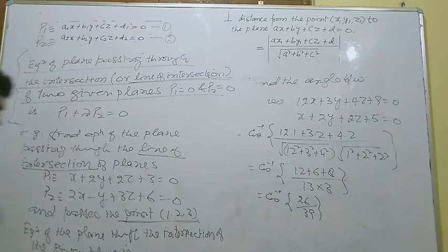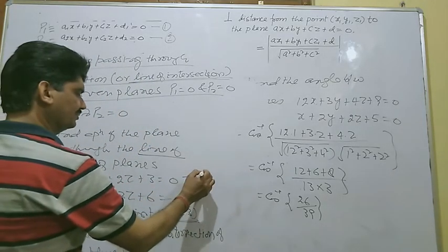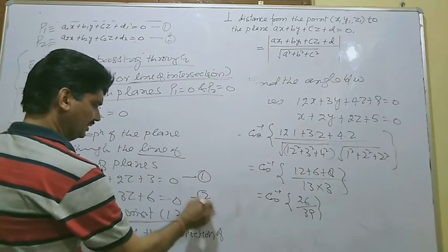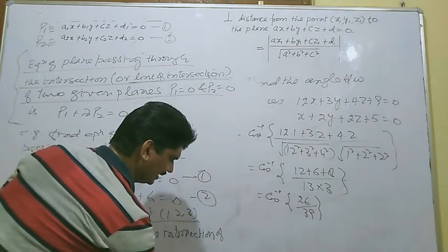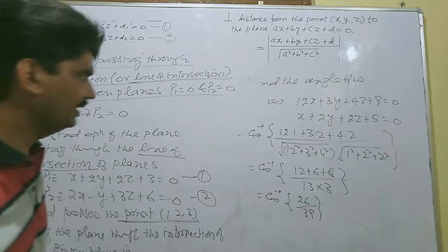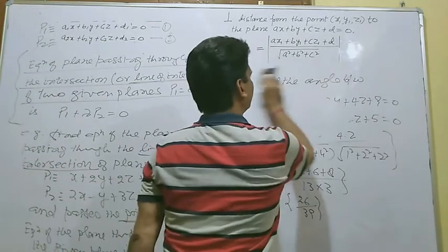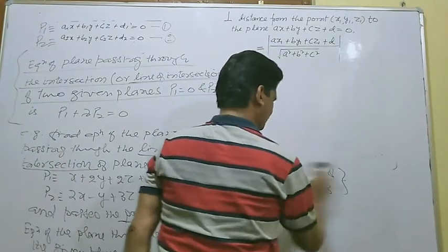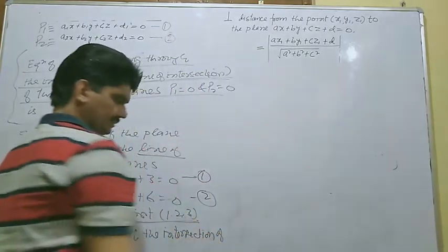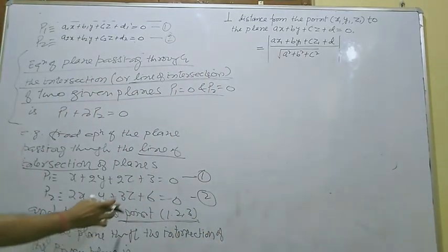So if we write the given equations as 1, 2, this will be 3, and plane 3 passes through the given point, therefore it is satisfied.